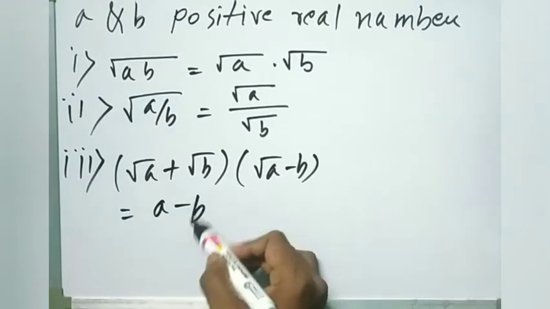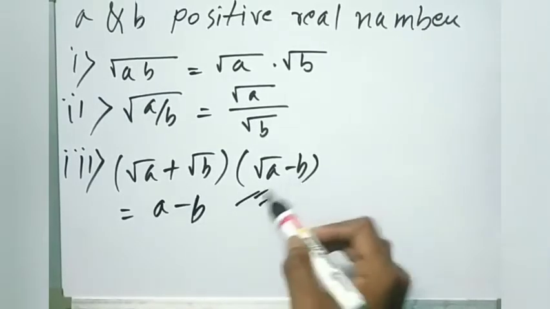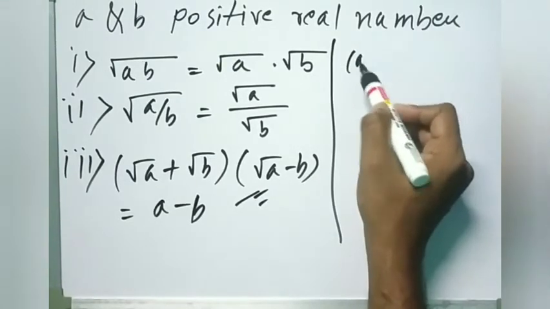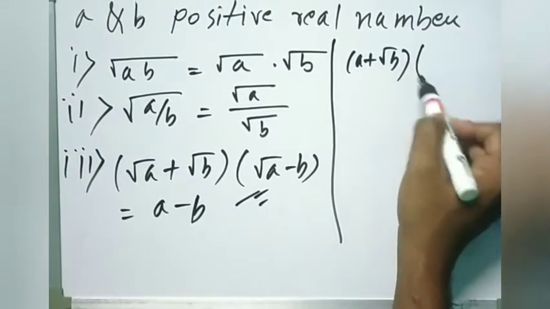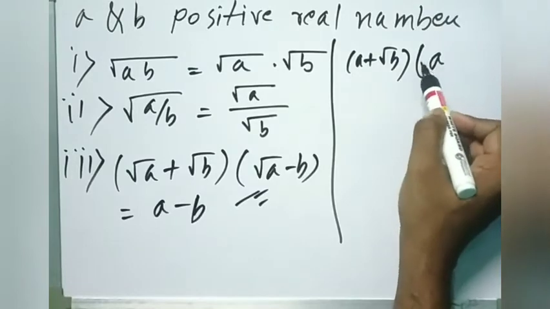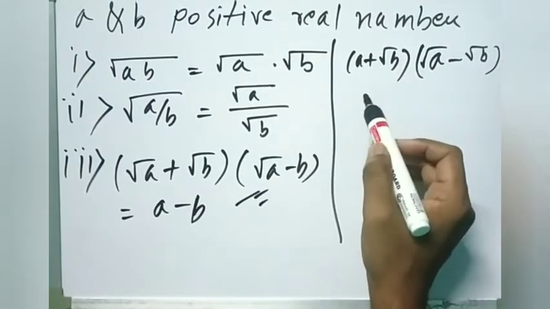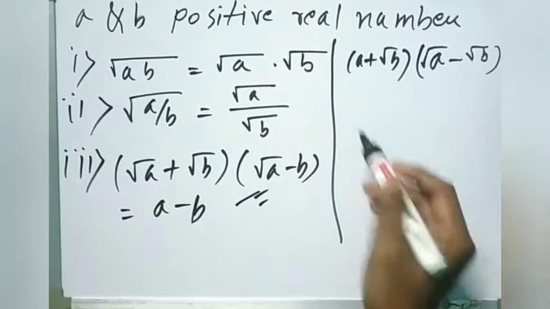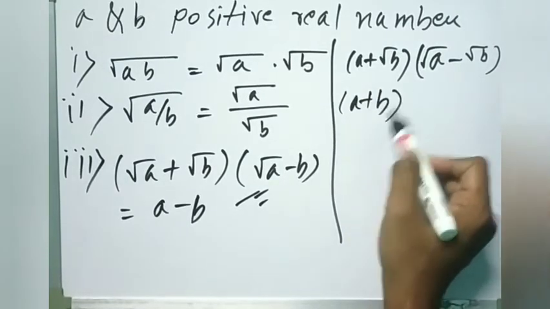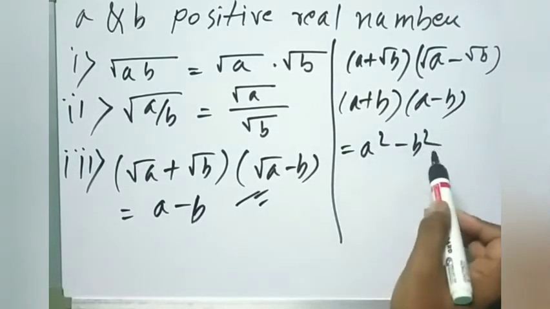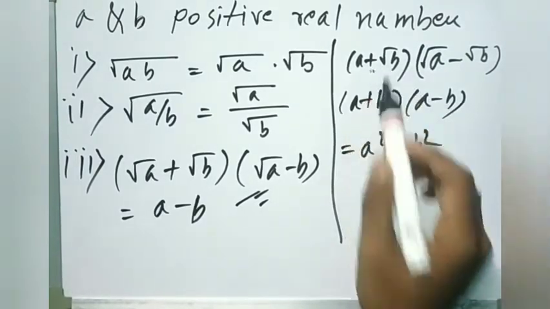So I am elaborating this part, how it is coming. Root a plus root b and root a minus root b. You are all well known to the formula a plus b into a minus b equal to a square minus b square. So apply this formula for this one.